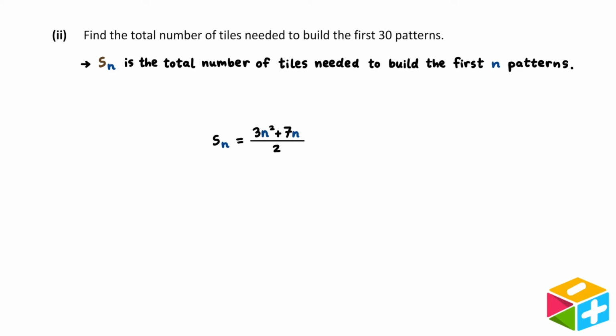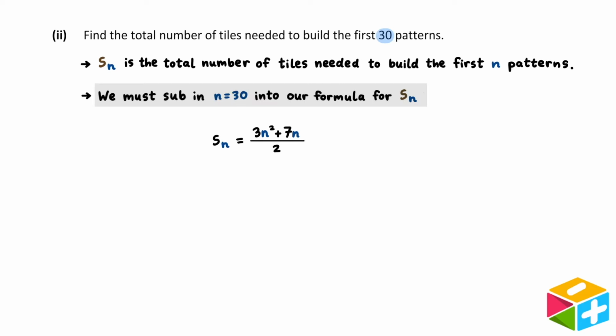And here, Sn represents the total number of tiles needed to build the first n patterns. We want to find the total number of tiles needed to build the first 30 patterns, so we need to sub in n equals 30 into our formula for Sn.